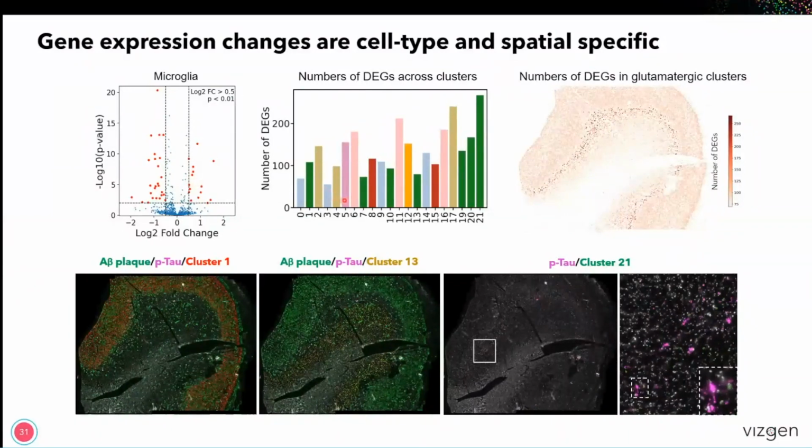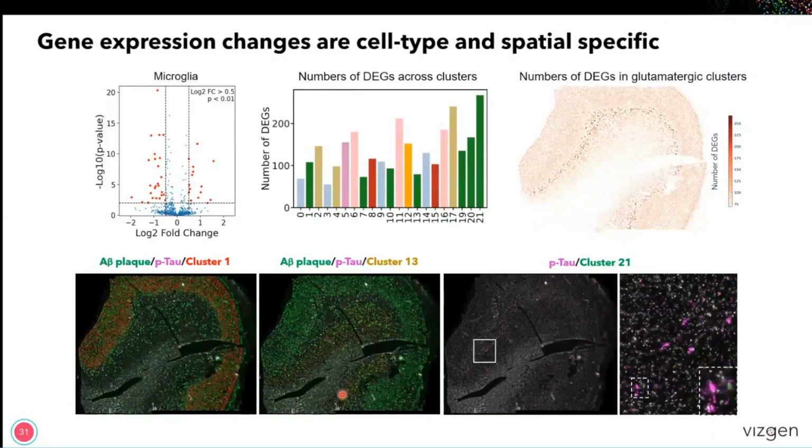As another example, I calculated differential expression across different cell clusters and looked at whether there is a relationship between the number of differentially expressed genes and their spatial distance to amyloid beta plaque. As you may remember, cluster 1, which is enriched in the amyloid beta positive region, actually shows a high number of gene expression changes compared to cluster 13, which is enriched in the amyloid beta plaque depleted region.